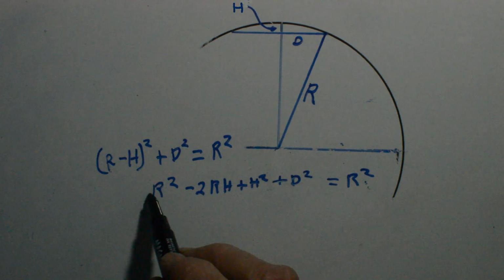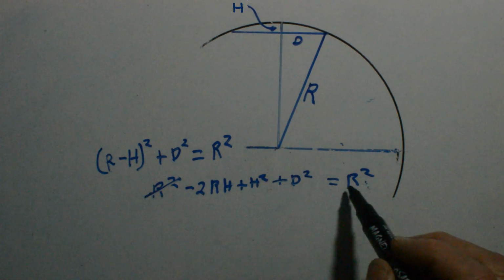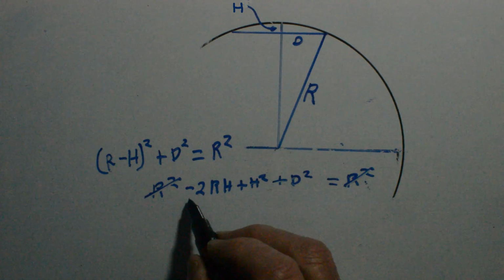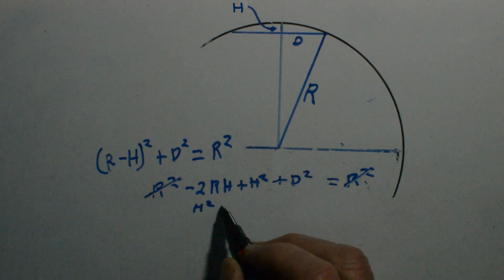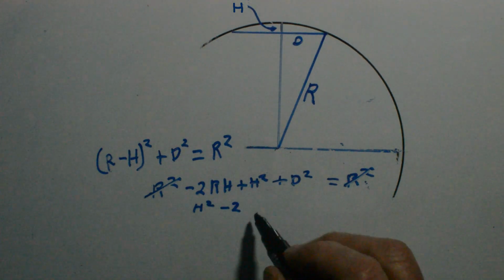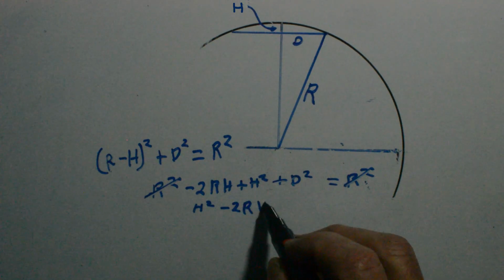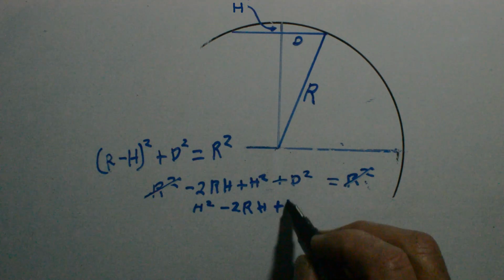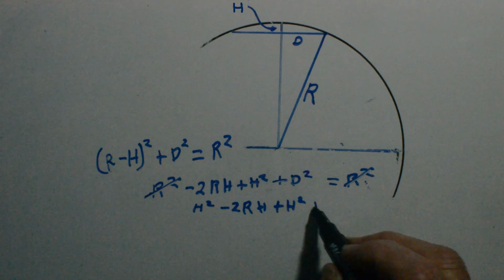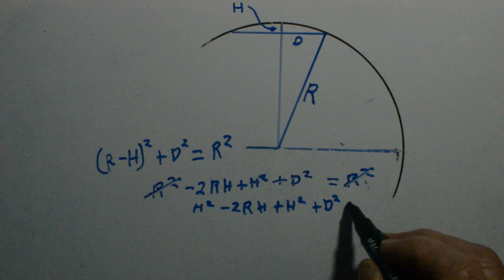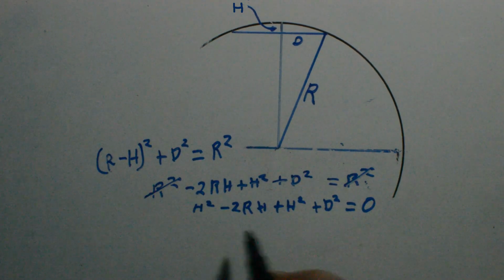Now we can take this r squared here, and this r squared will disappear, and we have minus 2rh plus h squared plus d squared equals 0.